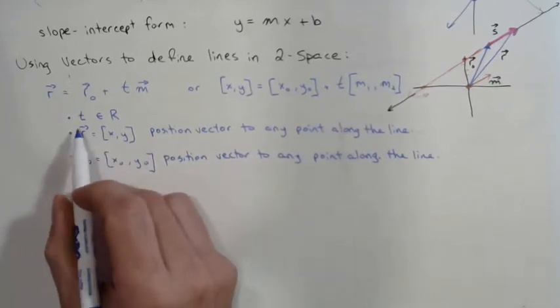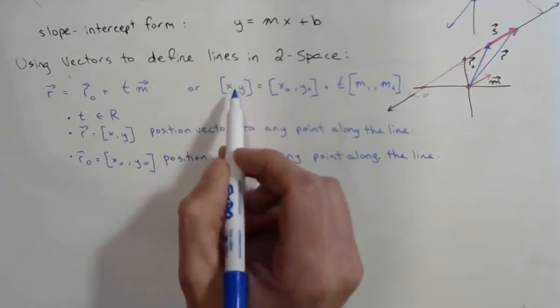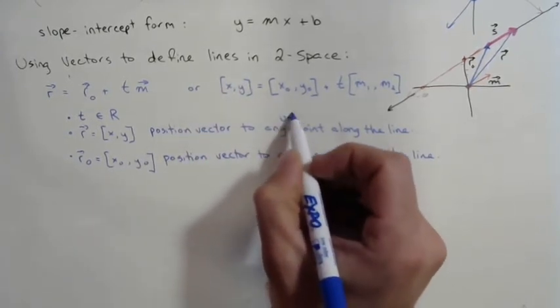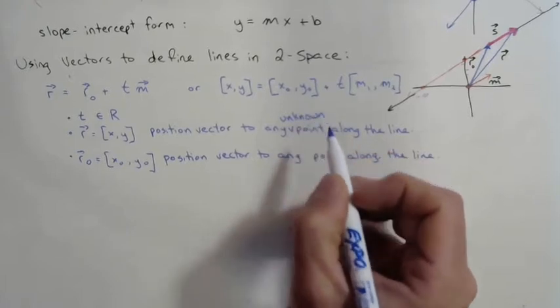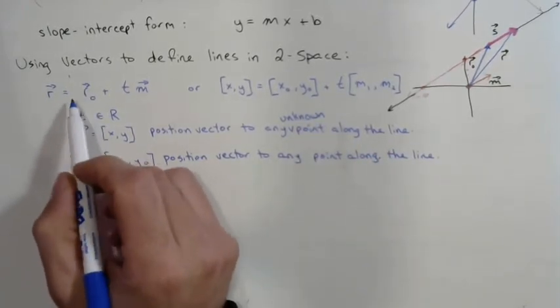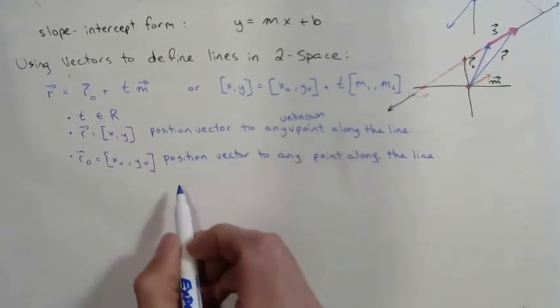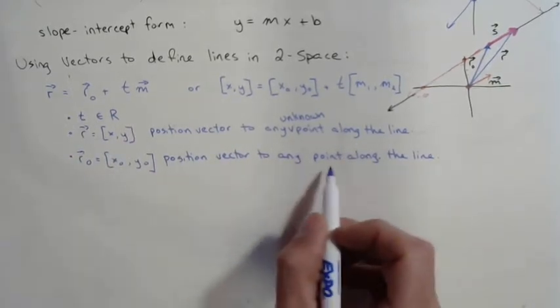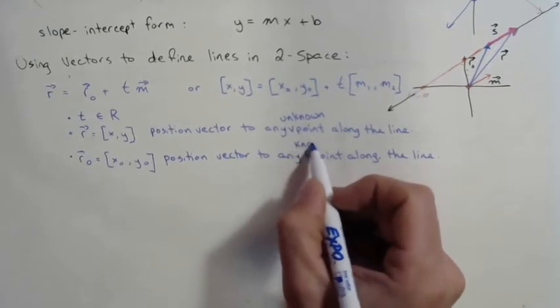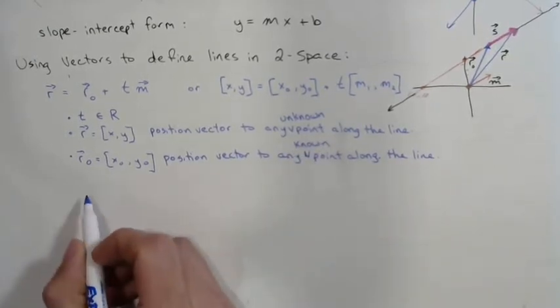So this one on the outside here, r and xy, that's always going to be our unknown, any unknown point. And this r naught, the starting position, that's always going to be our known point, any known point along the line.